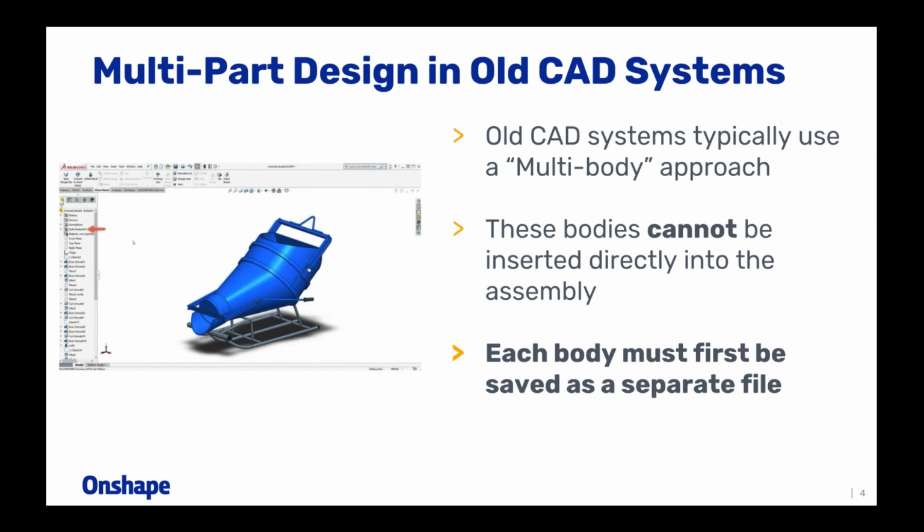Forgive me, it's a bit small, but there are 41 solid bodies within this one part file in SolidWorks. And this has always been the approach of these older CAD systems: to have bodies as opposed to parts.